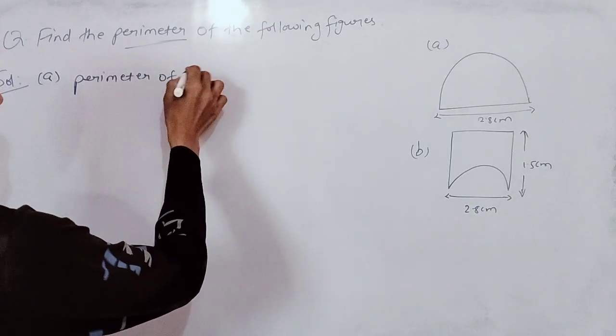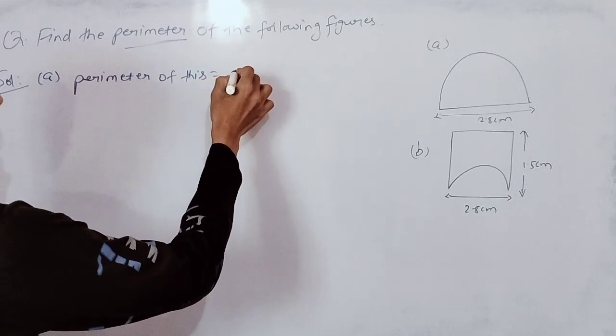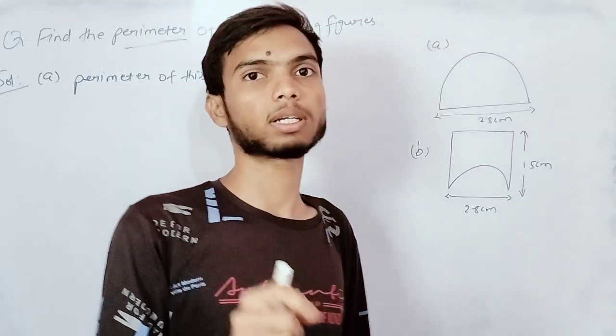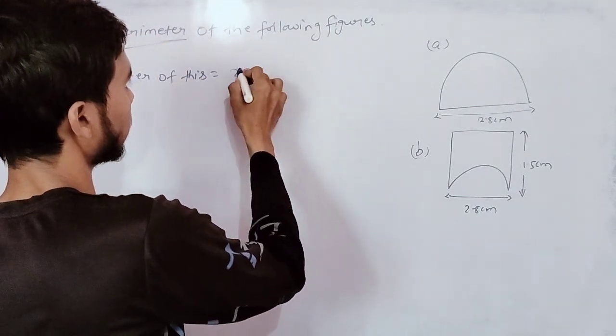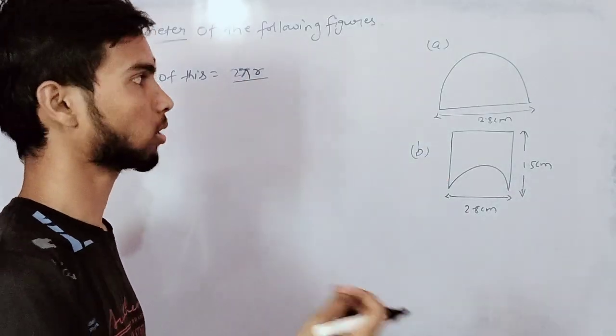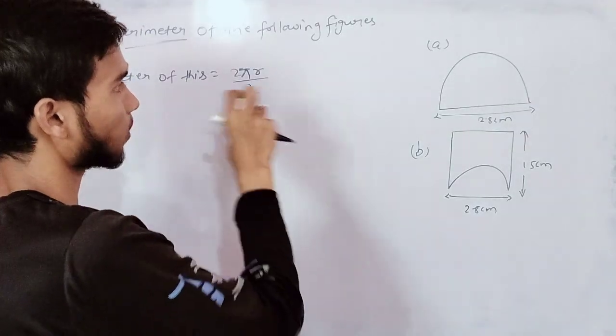Perimeter of this would be what? First of all, as we know, perimeter of a complete circle is 2 pi r. Here we have half, not complete, that's why we will divide by 2.